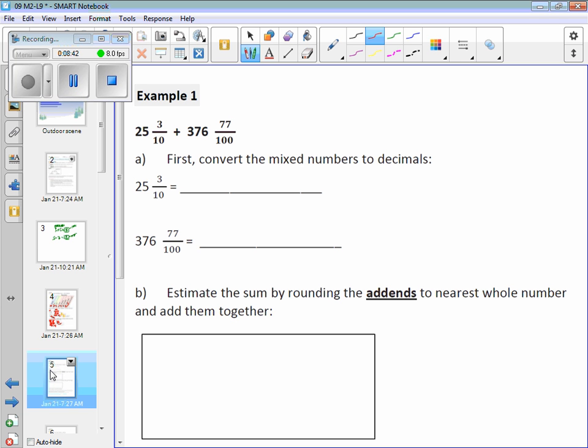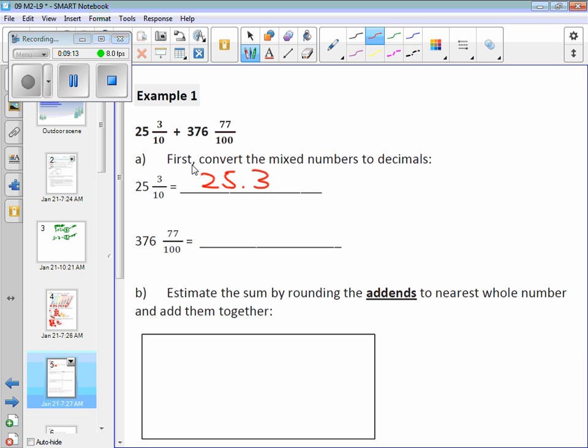25 and 3/10 becomes what as a decimal? Somebody I haven't heard from. Volunteer. Which is 25.3.